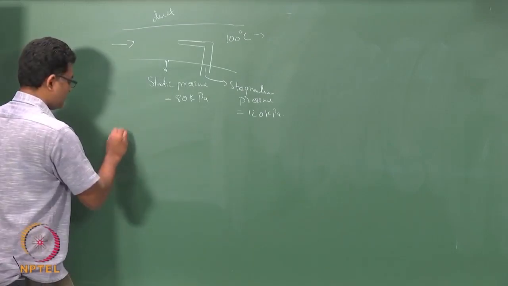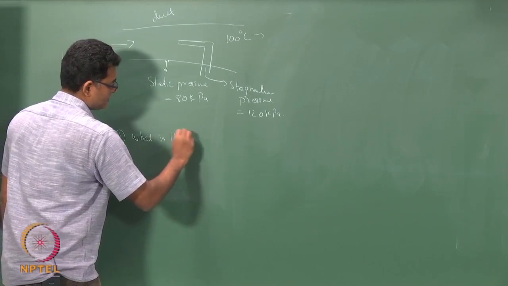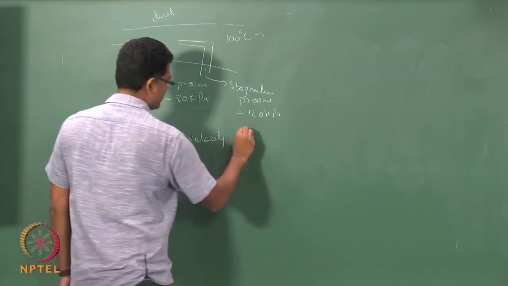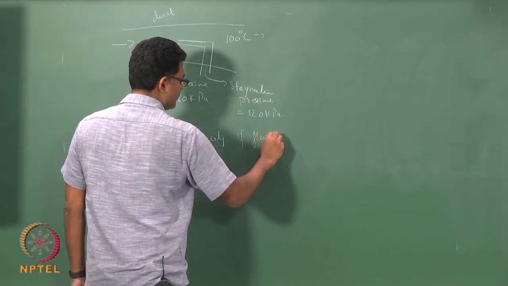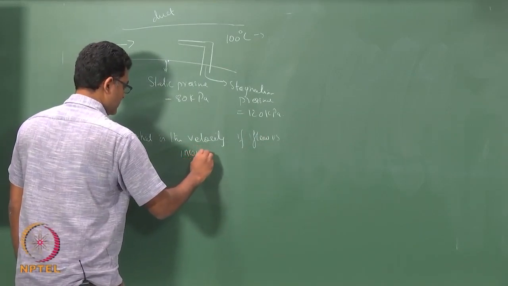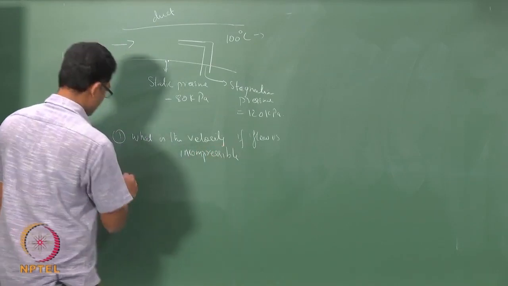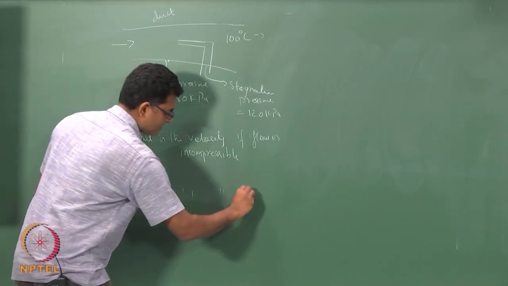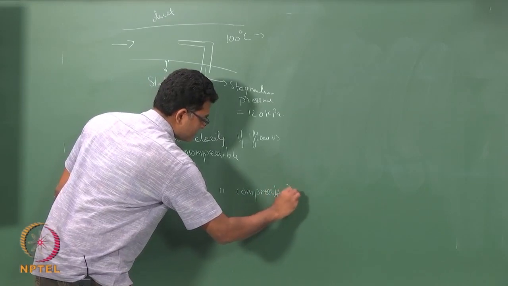So, question 1, what is the velocity if the flow is incompressible? What is the velocity if the flow is compressible?